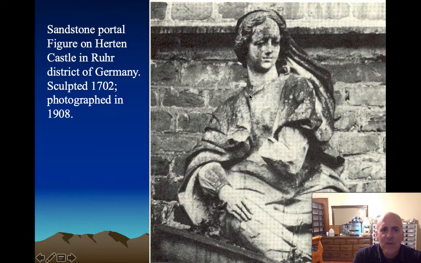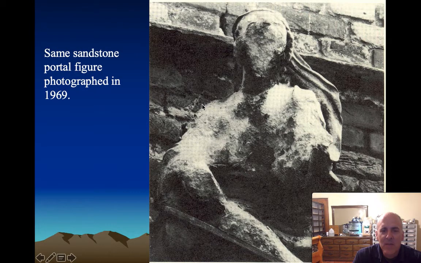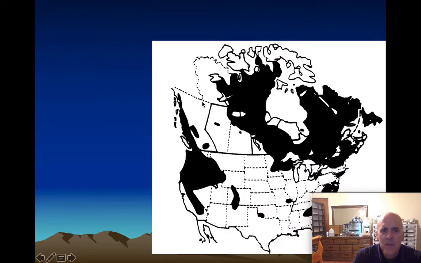So it was there for over 200 years, and it changed very little. And then in 60 years, it became like that. That's from acid rain. Here are some of the areas that are affected by acid rain, and it's pretty much where there's a lot of coal-fired power plants, because that's where you get your sulfur compounds released into the atmosphere.